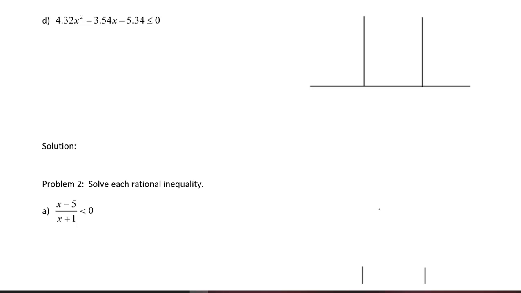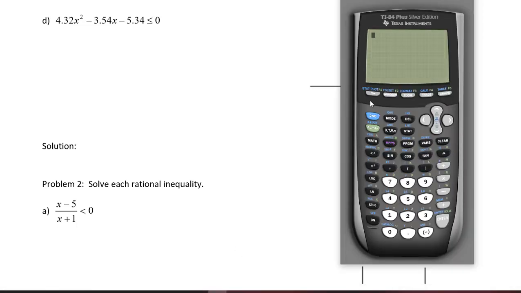In this case, we have 4.32x squared minus 3.54x minus 5.34 is less than or equal to 0. It's not obvious how this will factor. I think I will use my graphing calculator and see if I can find some obvious intersections with the x-axis.